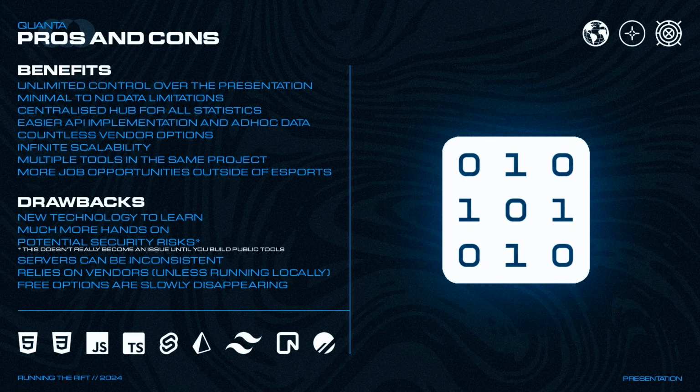The other thing, servers can be inconsistent. For example, I was dealing with an issue last week with Community Dragon being down, and it ruined half of my application. So this is something that can be solved with caching images and caching requests, but it is something that you have to think about.